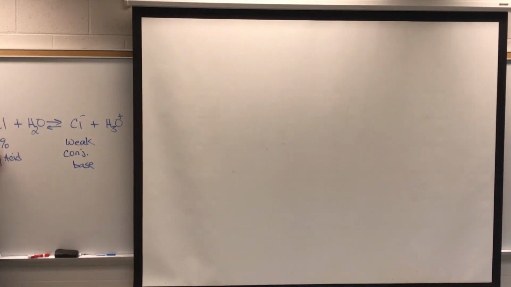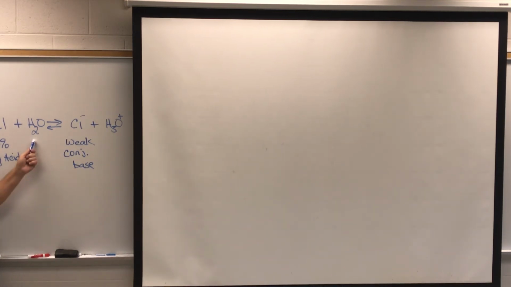So the stronger the acid means the more readily this bond is broken. That means that the weaker this is, because this means, hey, I have zero attraction for hydrogen. It's not happening. I'd rather be here by myself. So a strong acid is going to make a weak conjugate base.